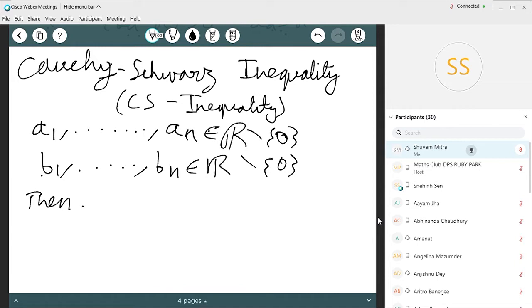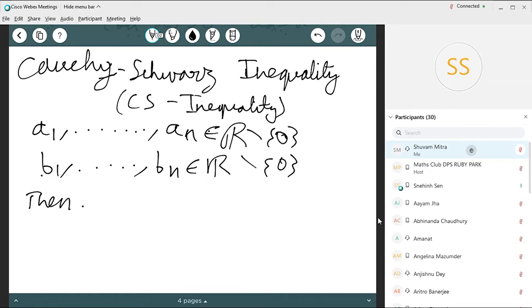Right, you're considering positive reals, right? No, it's not positive reals. It can be any real number over here, both a's and b's. In fact, they can also be 0, but I'll discuss the non-zero case right now. As someone said rightly, in the 0 case, some trivialization occurs. Some squares are not required and some multiplication becomes 0.